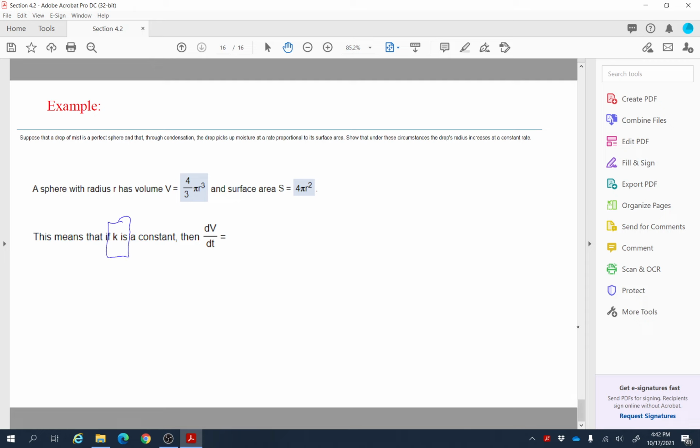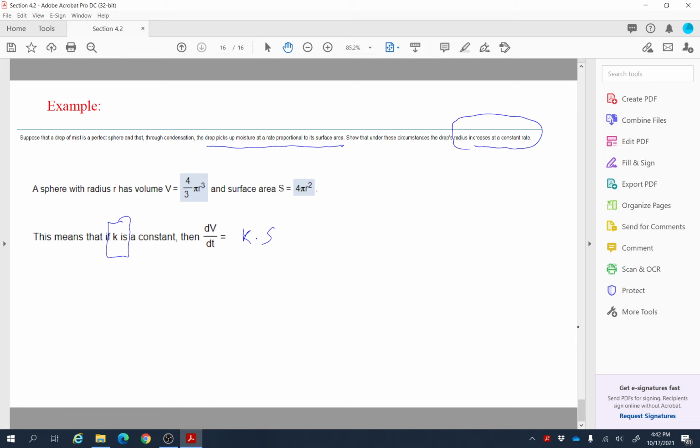Proportional means we need to use some kind of constant. If k is a constant, then this statement means the rate of change of volume with respect to time is a constant times the surface area. Given this information, we need to find the rate of change of the radius.